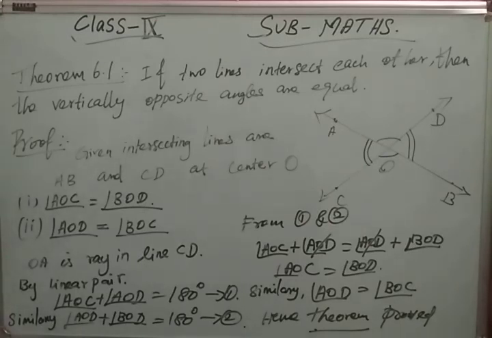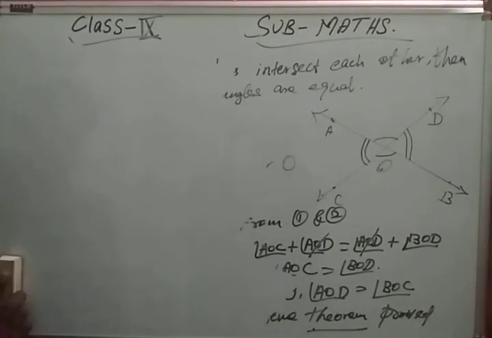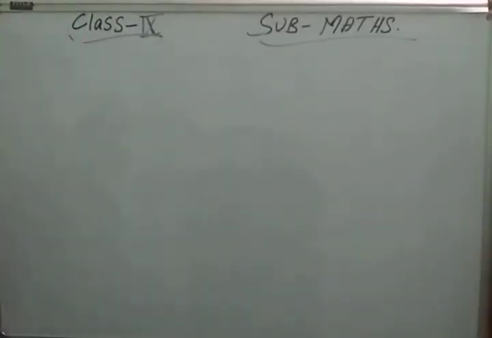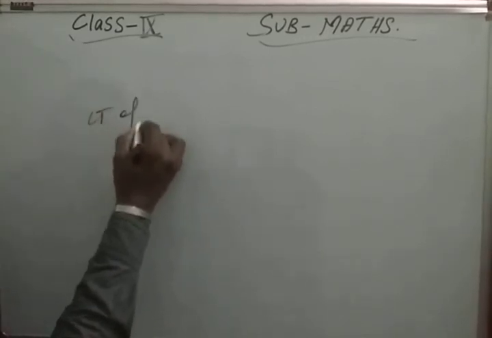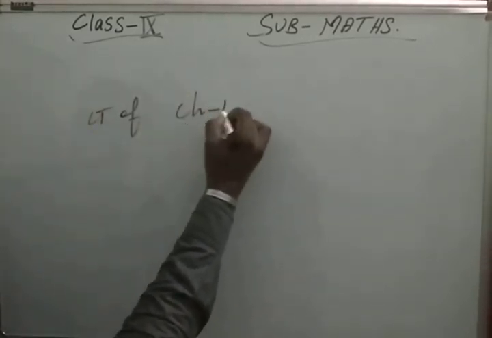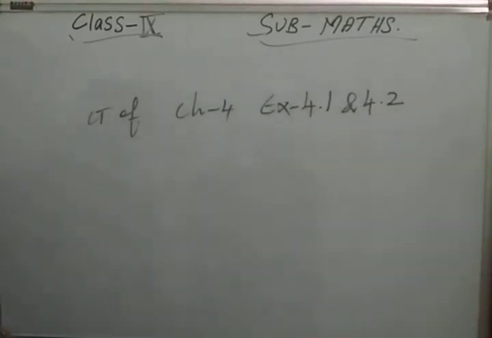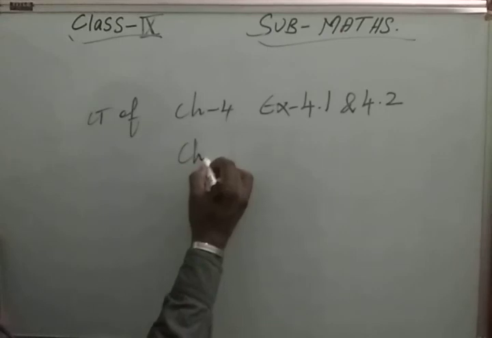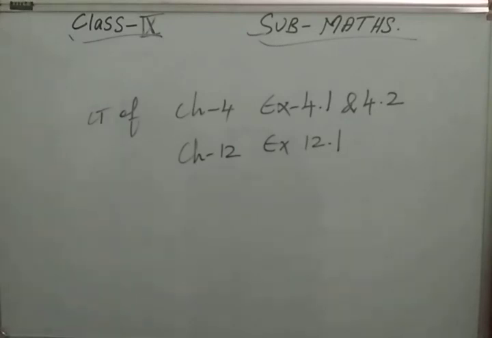Okay students, one more important thing. For the next session we are going to have the CT, so we have to get ready for it. The CT will be of Chapter 4, Exercises 4.1 and 4.2, which we have done, and Chapter 12, Exercise 12.1, which we have completed.